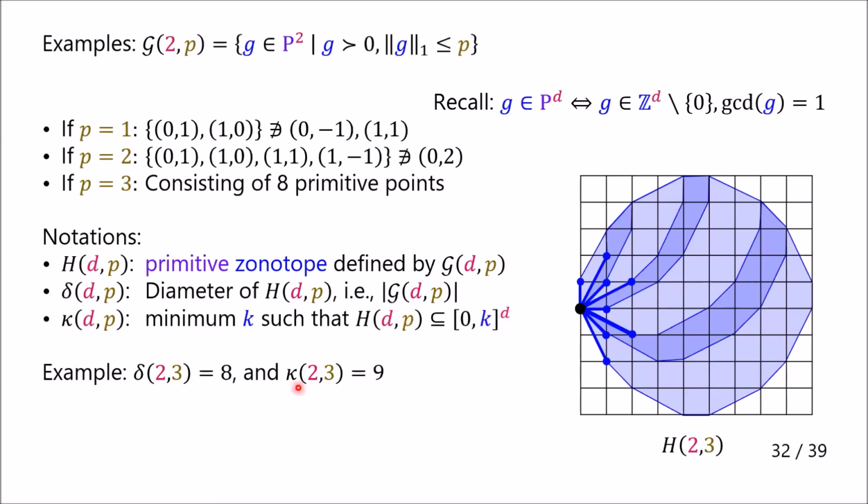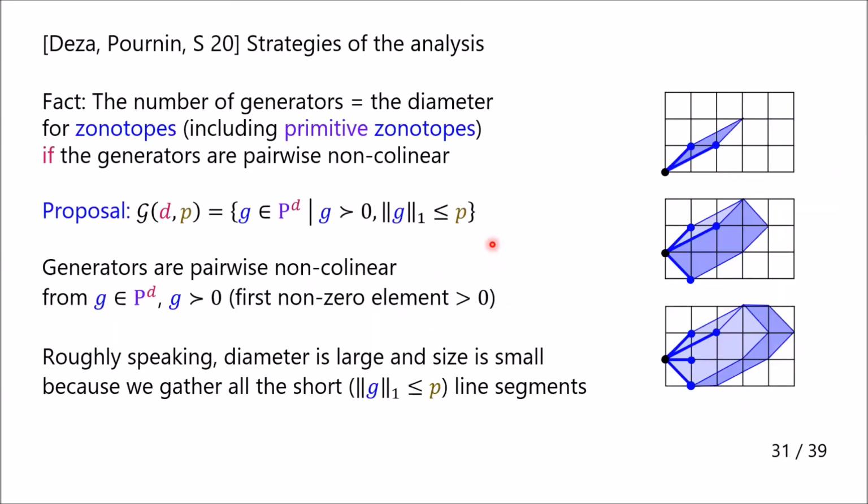And for example, I just wanted to ask a question. You mentioned a fact on the previous slide that the diameter is exactly the number of generators. Is that easy to see? I think I can see it in 2D, but in higher D, is there an easy argument?